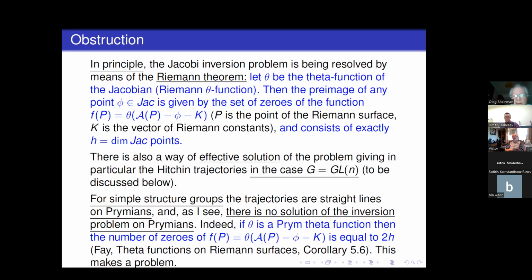But let me say, my time is exactly over now, that I don't believe that these two obstructions could not be overcome. I believe someone will find a solution in this way. Thank you very much.